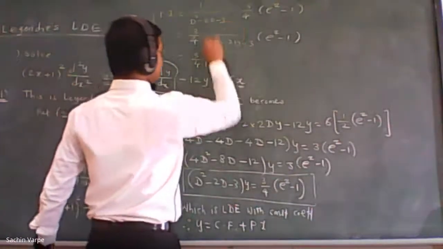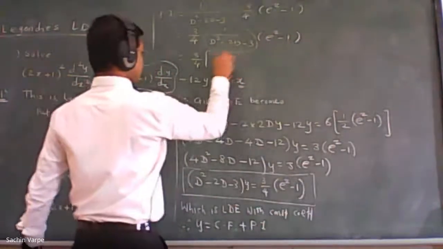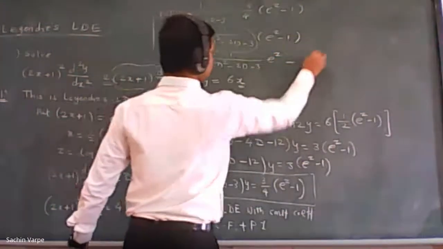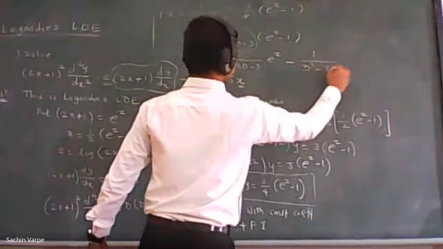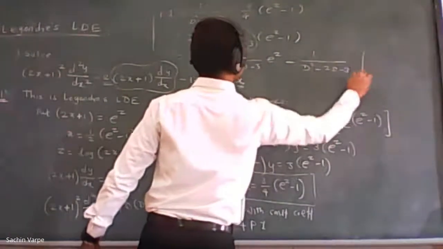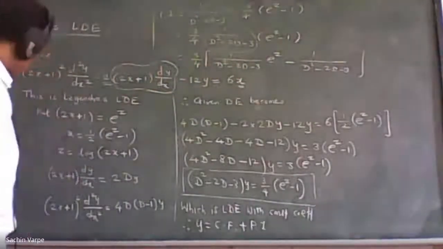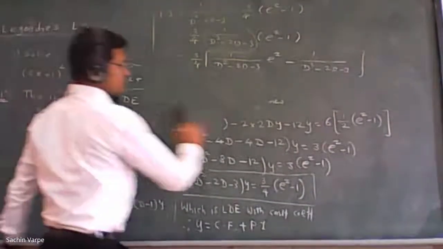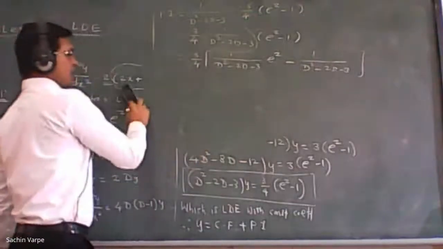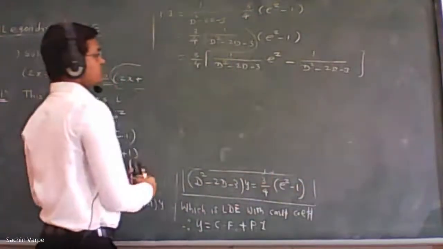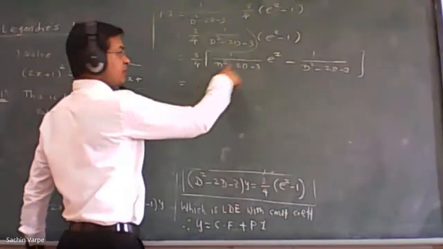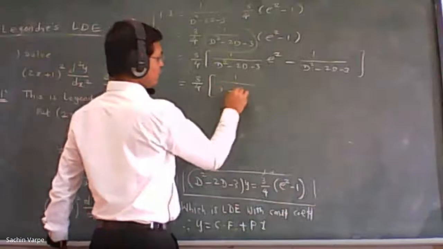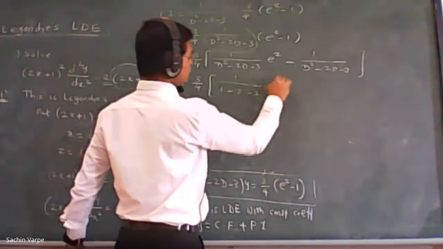I'll separate this operator over these two functions: 1 upon D square minus 2D minus 3 into e raised to z, minus 1 upon D square minus 2D minus 3 into 1. And then we know the case for exponential function. We are replacing D by a. What is a here? 1. So 3 by 4 into 1 upon 1 minus 2 minus 3, e raised to z.